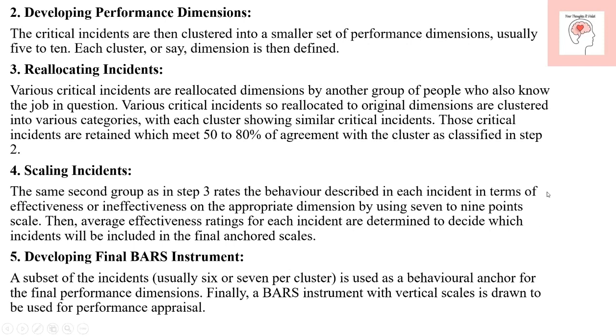Then let's see the second step, which is developing performance dimensions. The critical incidents are then clustered into a smaller set of performance dimensions, usually 5 to 10. Each cluster, or say dimension, is then defined. For adaptation, we can list down 4 to 5 incidents which are telling us how adaptable the employee is.